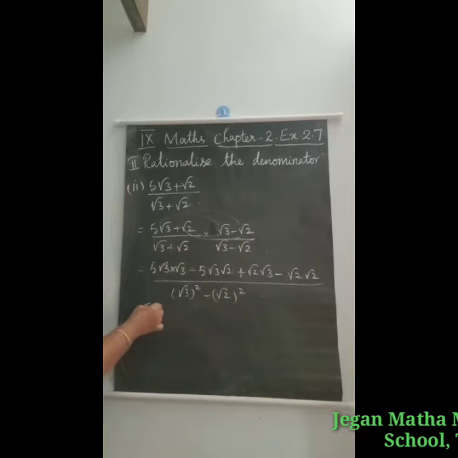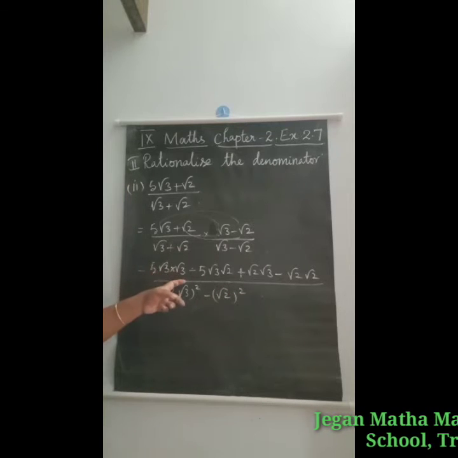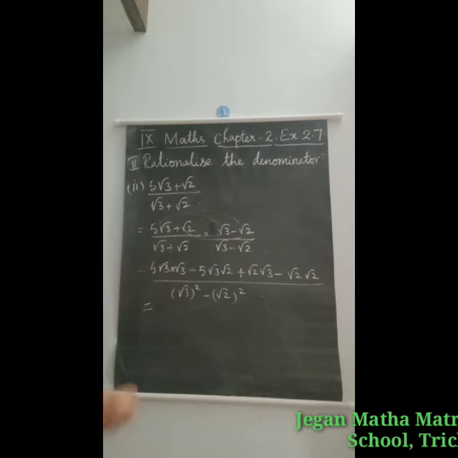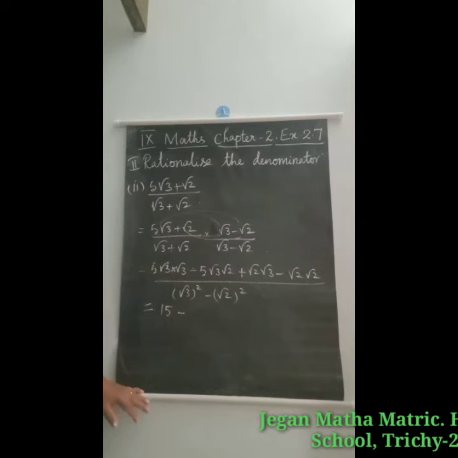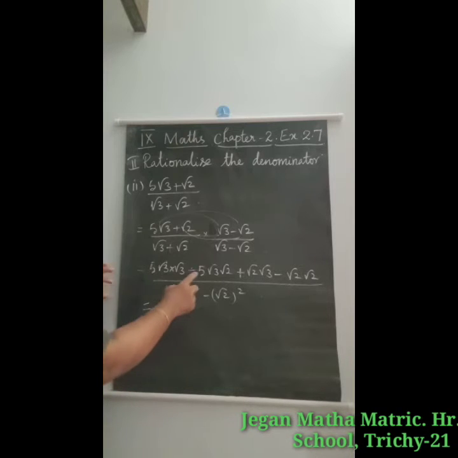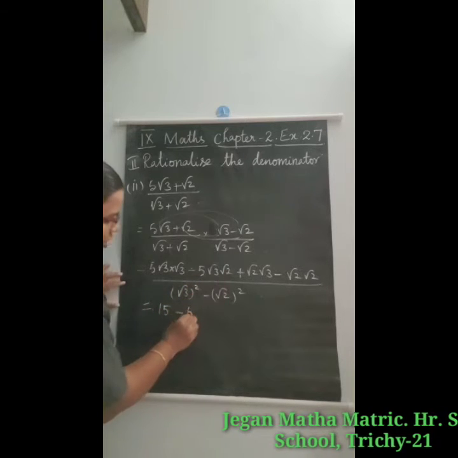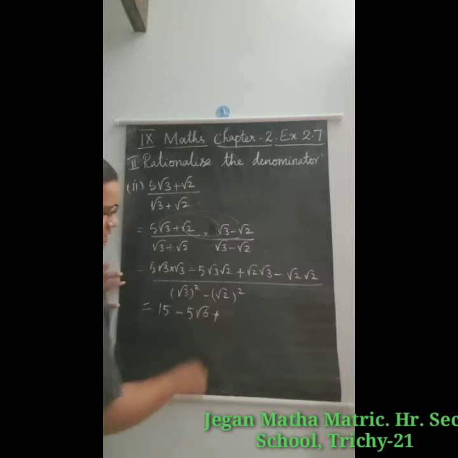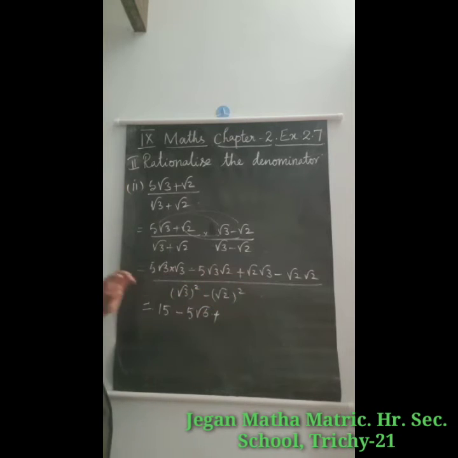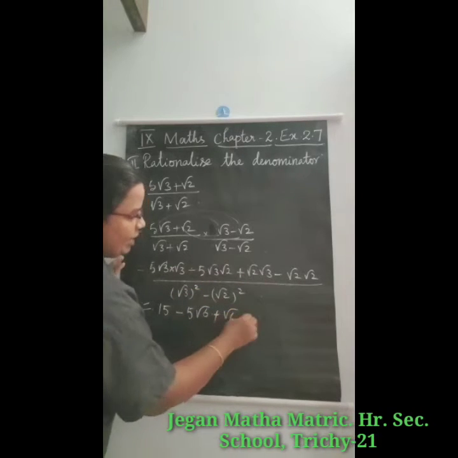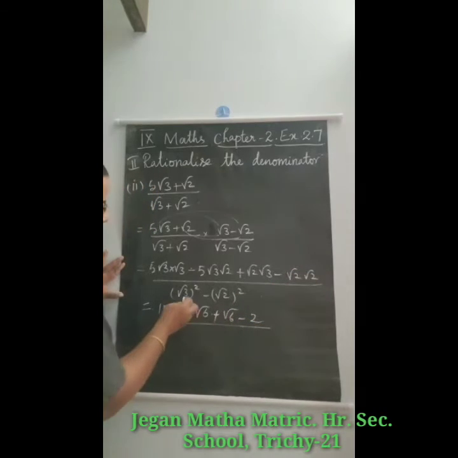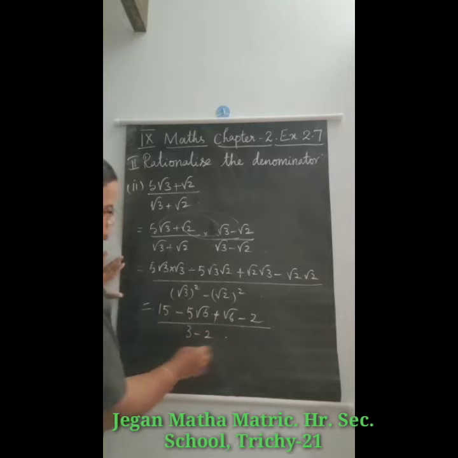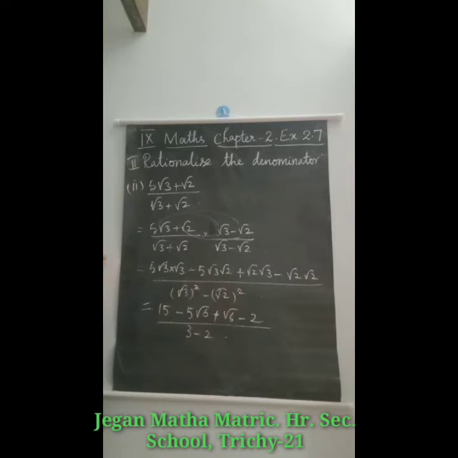So that is equal to here root 3 into root 3, so 3. So 5 into 3 is 15, minus 5 root 3 into root 2, 5 root 6, plus root 2 into root 3, root 6, minus root 2 into root 2, 2, divided by 3 minus 2, because the square root will be cancelled.